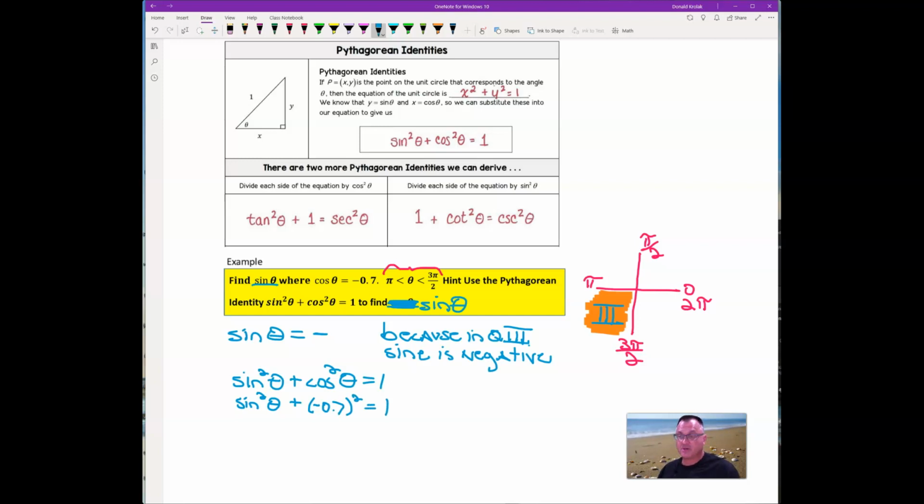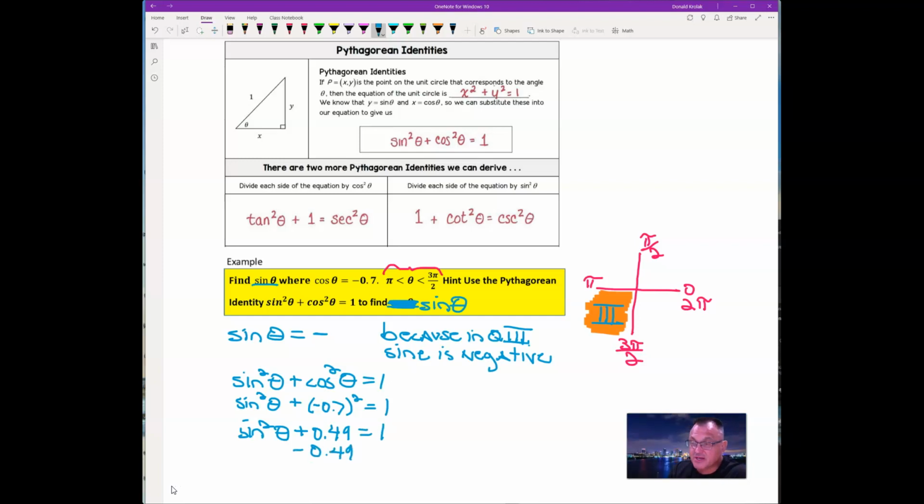Now I'm going to square negative 7/10. Negative 7/10 squared is positive 49 hundredths. So positive 0.49 equals 1.